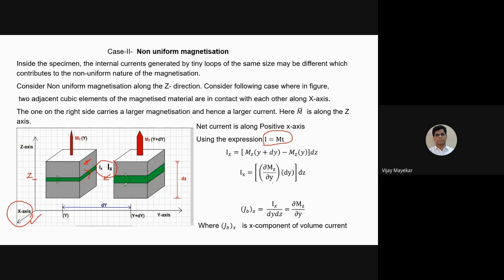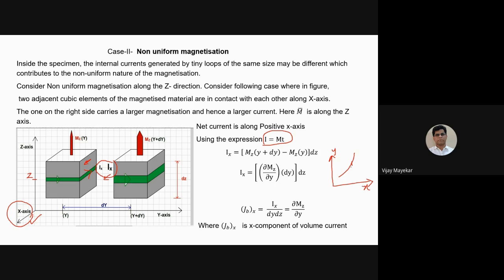Normally we do this kind of measurement along the axes. Let us suppose we have the y-axis and x-axis, with y here and x here.